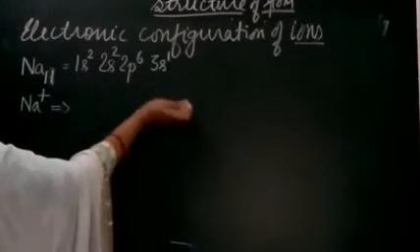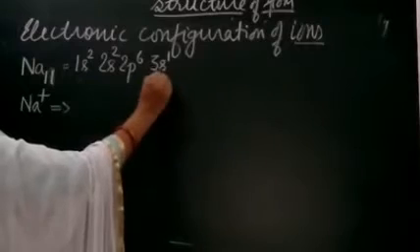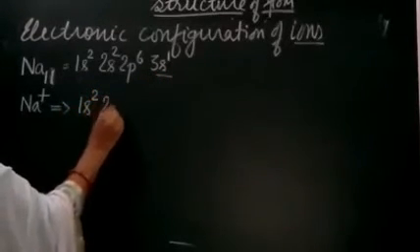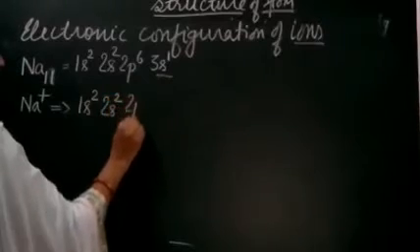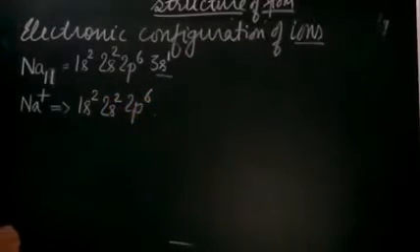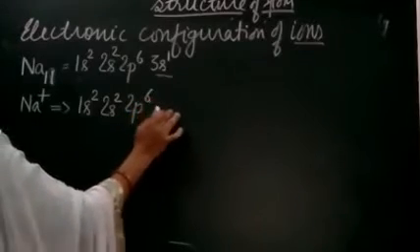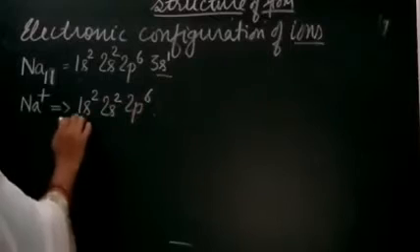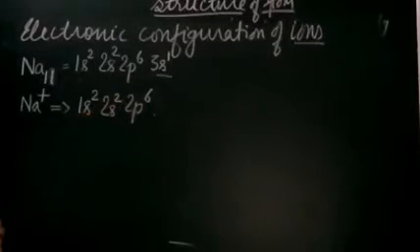Which is the outermost shell filled last? It is 3s. So the configuration of the sodium ion will be 1s2, 2s2, 2p6. If you want, you can write 3s also, but there you will put 0, so better not to write it.